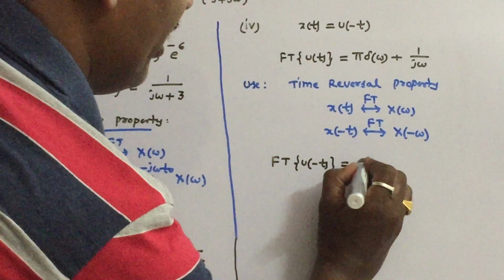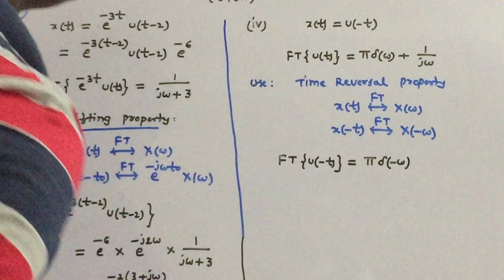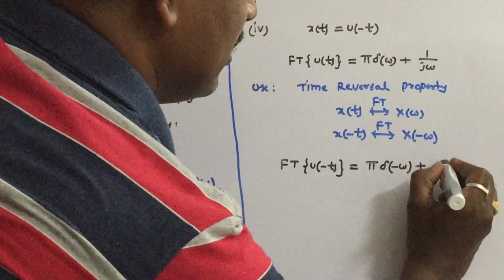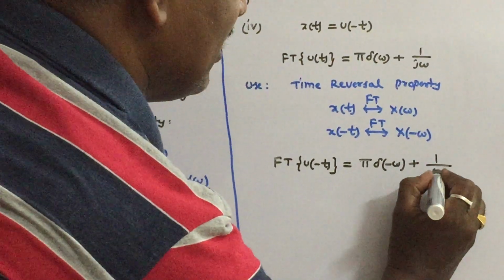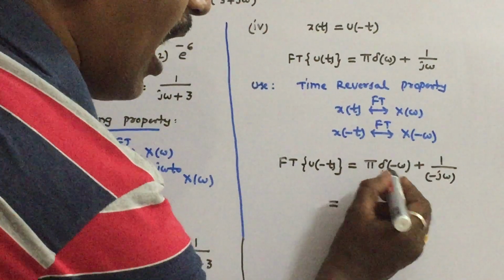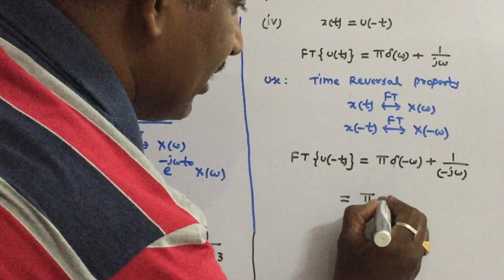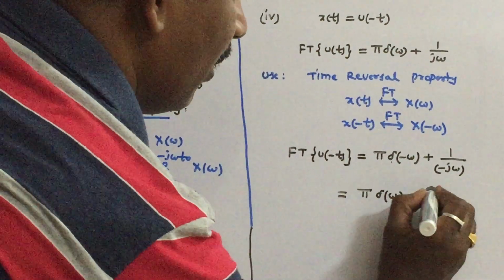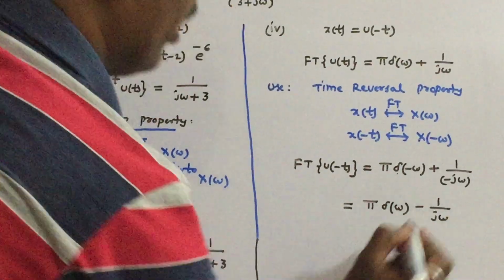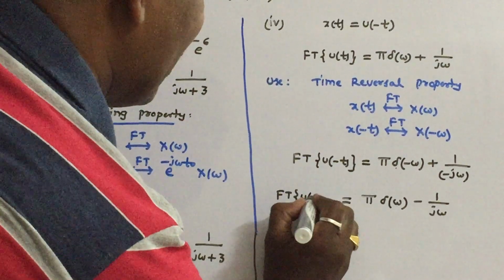That means pi into delta of minus omega plus 1 by minus j omega. You know that delta of omega or delta of minus omega exists only at omega equal to 0. So it is written as pi into delta of omega minus 1 by j omega. This is the answer for the Fourier transform of u of minus t.